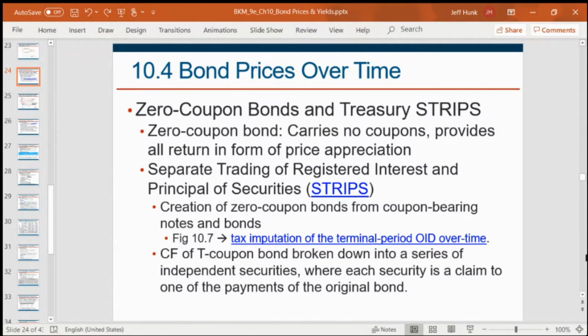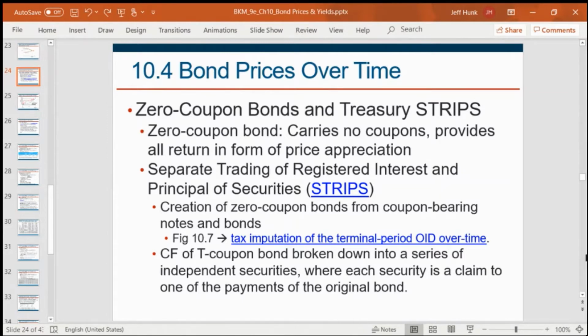Now then, the logic is, you request the Treasury. This is mainly done by the Treasury Department, so it's the case of a Treasury bond.